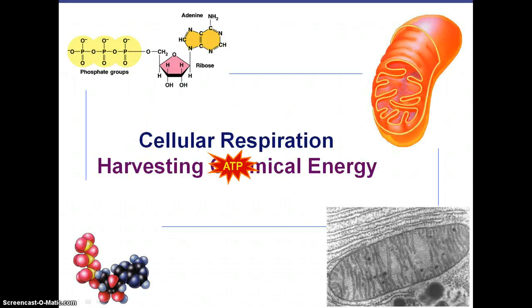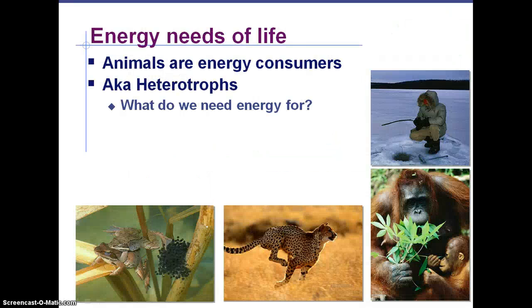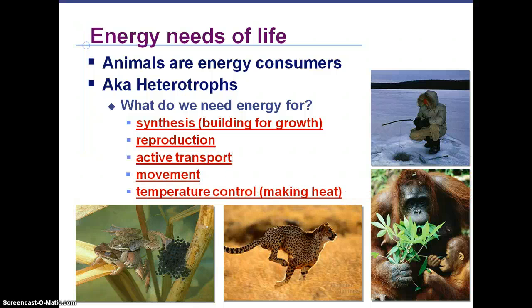So here we go. Let's start out with cellular respiration, because that's the one you're probably most familiar with. Essentially, you're getting chemical energy, or ATP, out of your food. We need energy for things like building new materials for growth or repair, reproduction, active transport, movement, temperature control, maintaining your body temperature even though it changes around you.